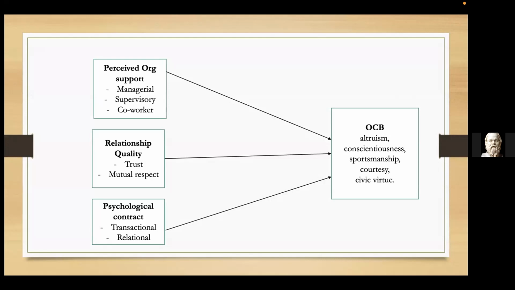So here in this particular example, the umbrella is social exchange. But in there are different streams. One stream focusing on perceived organization support, the other focusing on leader-member exchange, and another stream focusing on psychological contract. So when you bring these different streams talking about social exchange together in one study, you are integrating the various theories.